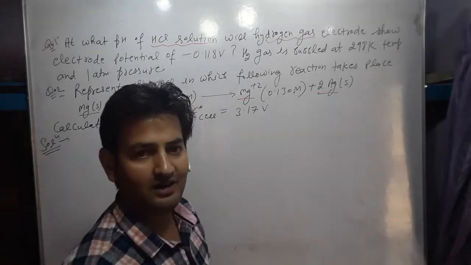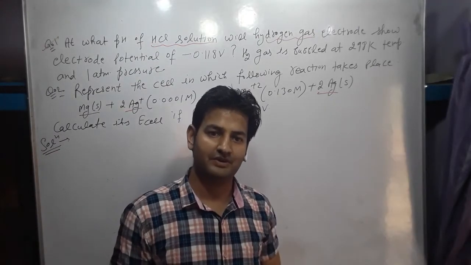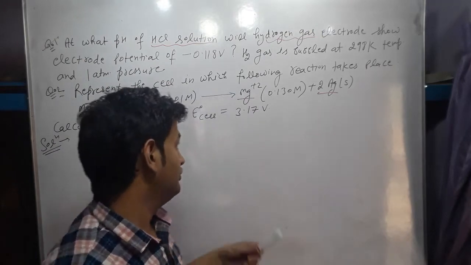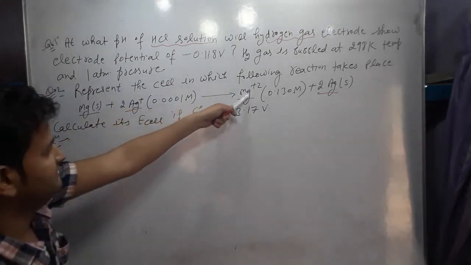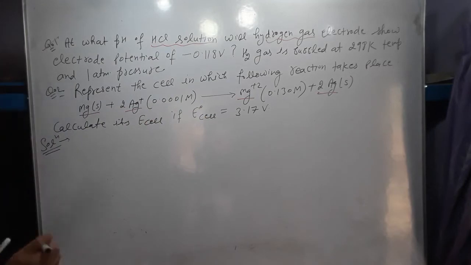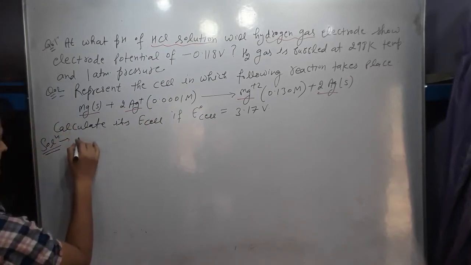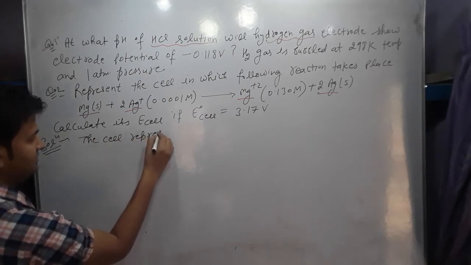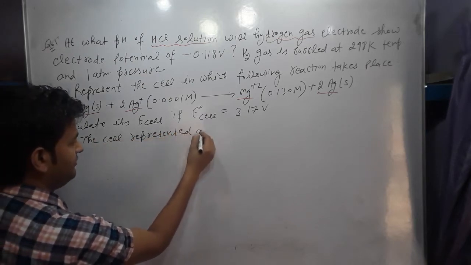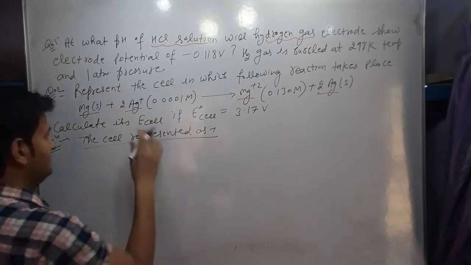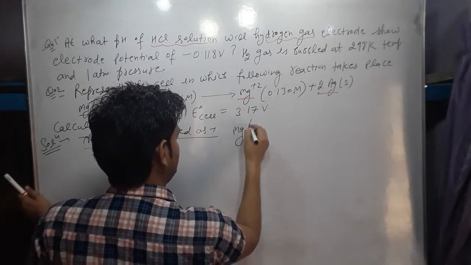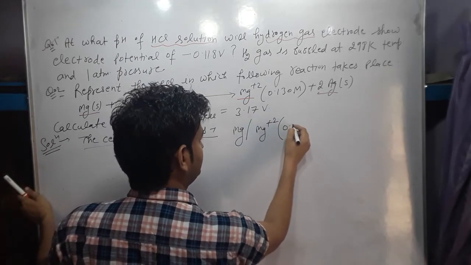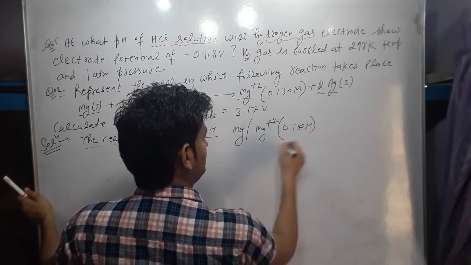According to LOAN and RRCP, left side oxidation acts as the anode, and it is negative. So the element which undergoes oxidation is written on the left hand side. The cell can be represented as magnesium converting into magnesium 2 plus with concentration 0.130 molar.